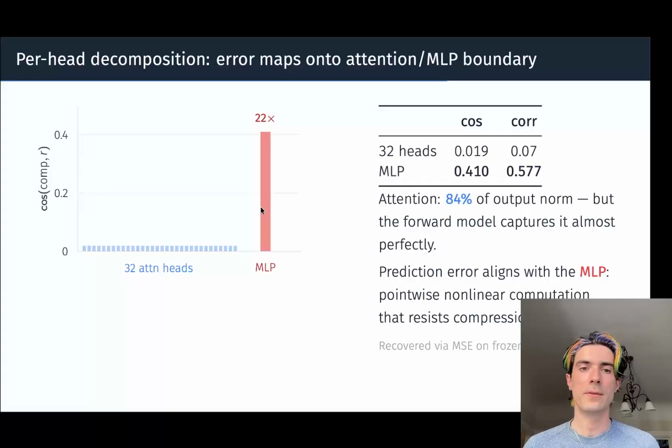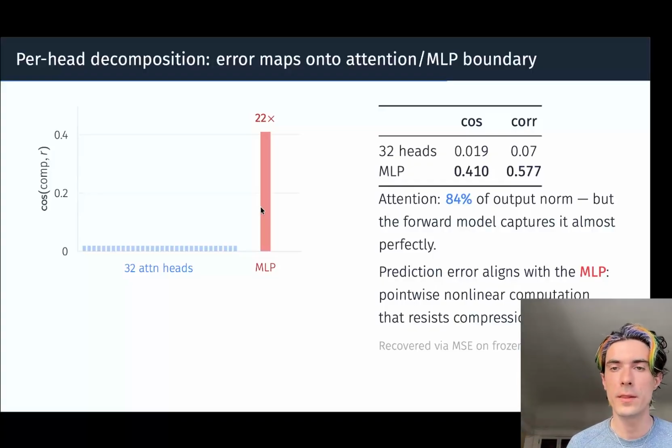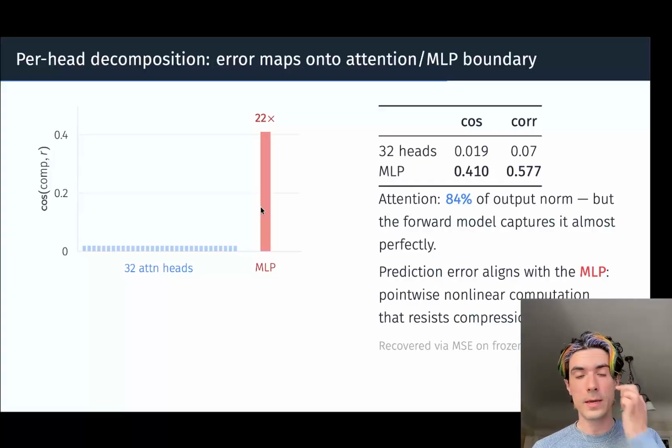One other interesting finding is that on Llama 3.2 1B, the forward self model specifically learns a basis for the 32 attention heads in the main model about equally as well as anything else. It learns all of the attention heads equally, and there's dramatically more error that maps onto the MLP than the attention heads, which is, again, what we saw before.